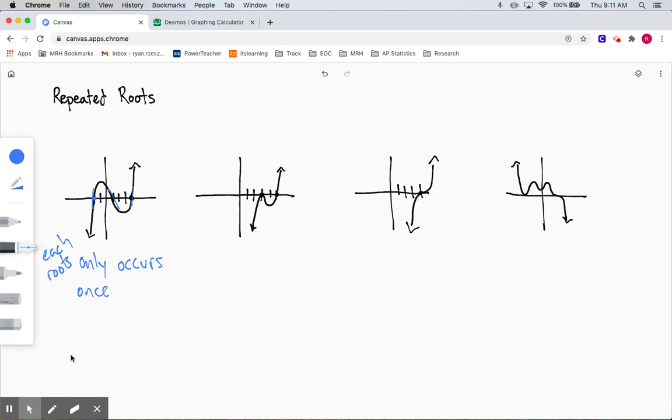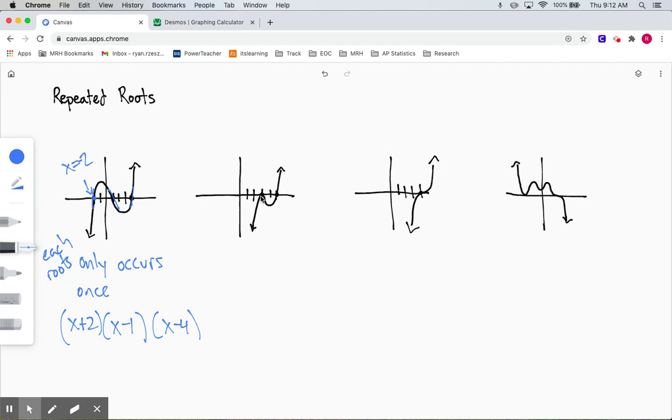That would mean when I write my equation, for example x equals negative 2, I would only have to write down x plus 2 the one time. Then I have x minus 1. Then I have x minus 4 for my parentheses. That one is your basic example. Each one passes on through.